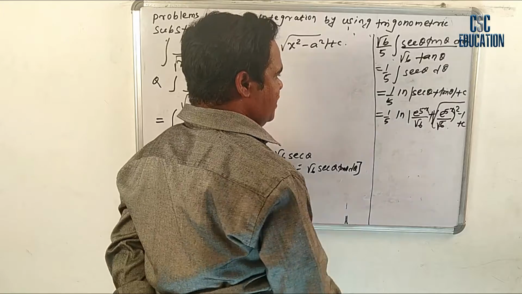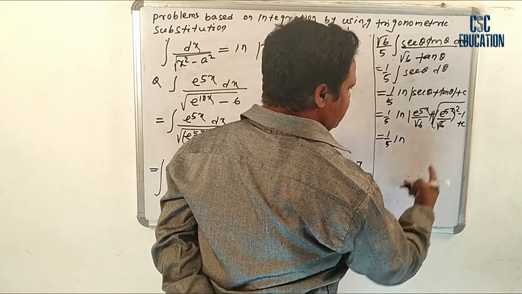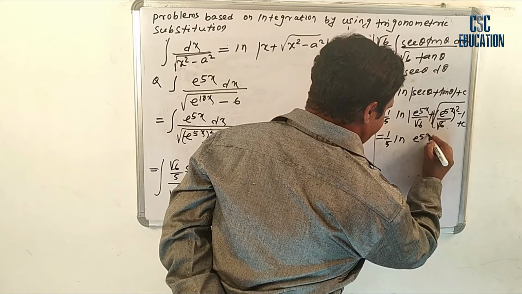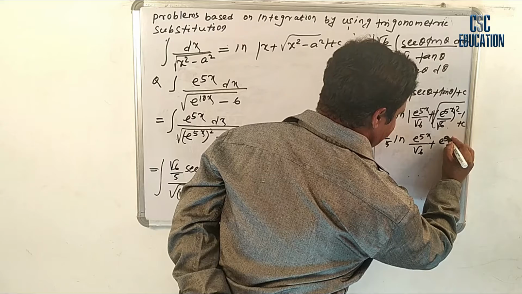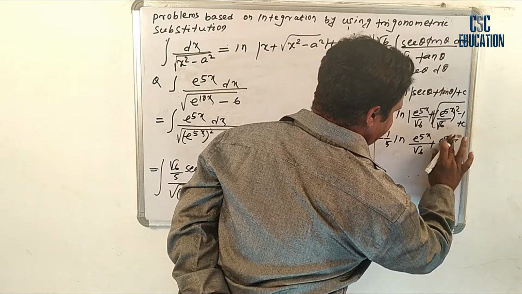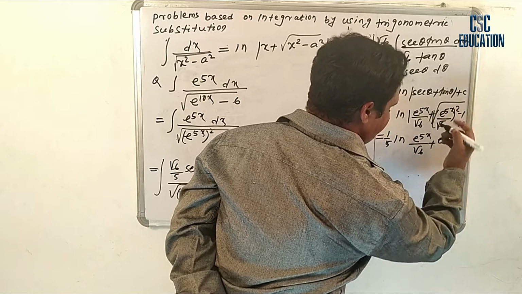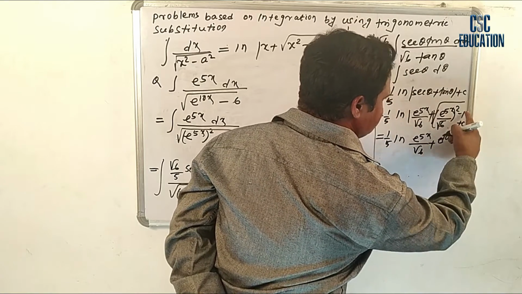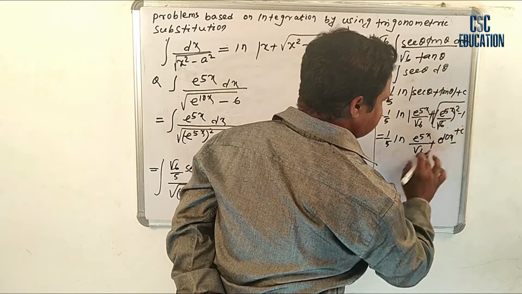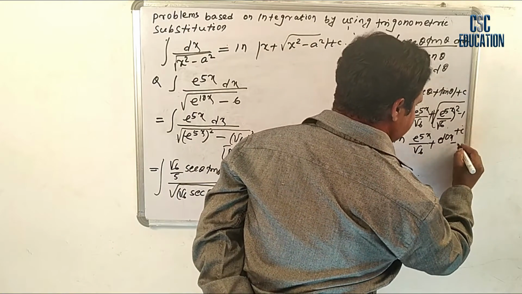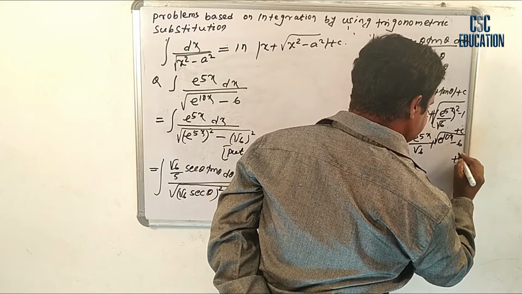Now this value equals 1 by 5 ln, the common factor is e to power 5x by root 6 plus the square root of e to power 10x, because of squaring, minus 6, in the root over.